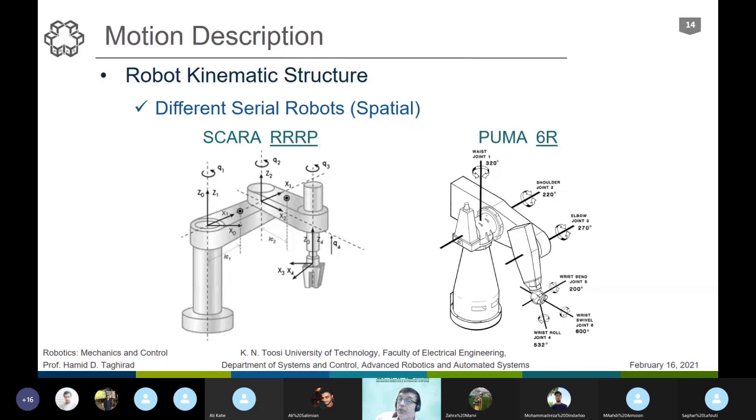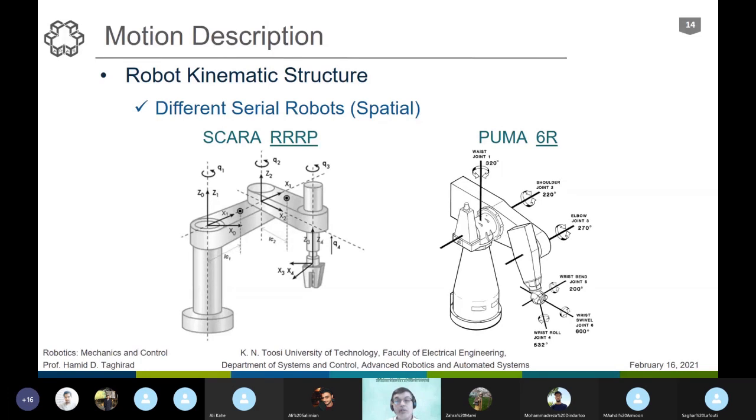This motion could be x, y, z, it could be x, y, theta, or it could be theta 1, theta 2, theta 3. But it is only 3, since we have only 3 actuators here. So there is a one-to-one correspondence.